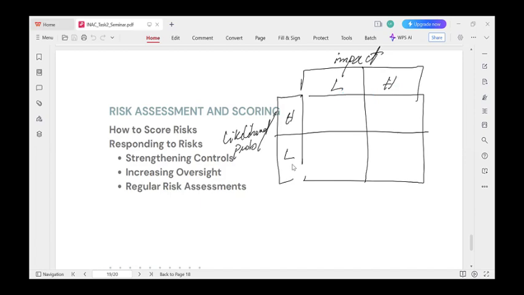All right, for example, if you are in this box, the likelihood is high, the impact is high as well. So what can we do for this type of risk? We avoid it. We avoid this risk, because as a company, you don't want to get into a risk which has high likelihood and high impact.